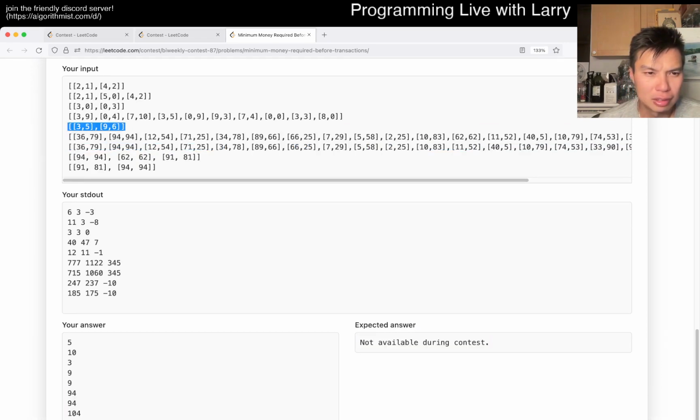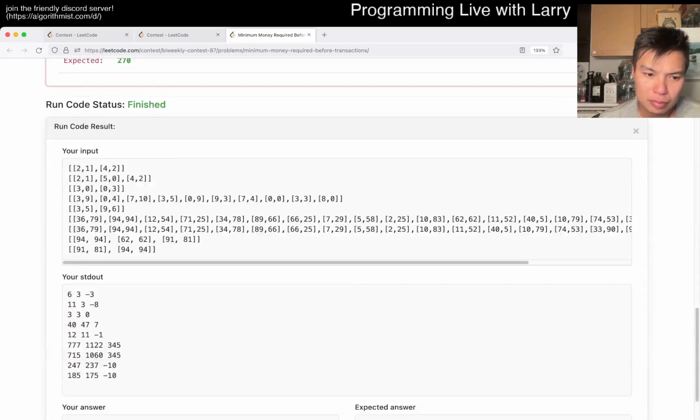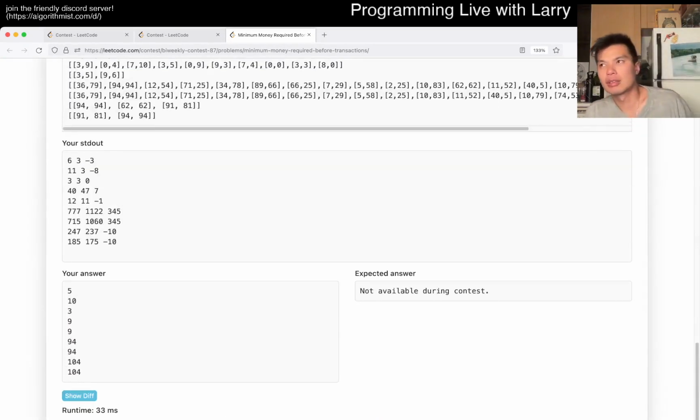I think this is 27 or 24. I think 24. What I think is 9 though. So maybe the order still matters, and I'm not being helpful that much.